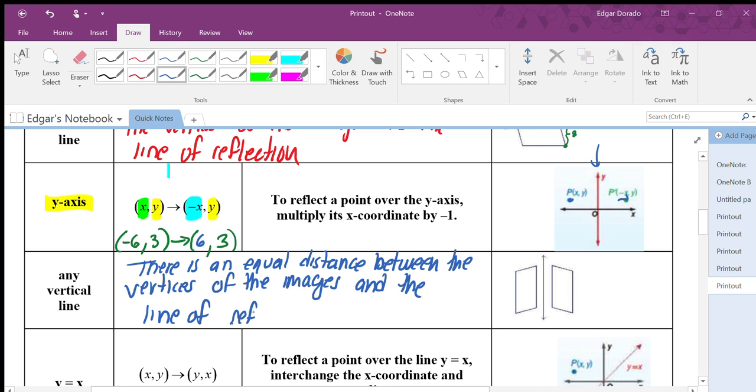Very similar description as to what we had for any horizontal line.